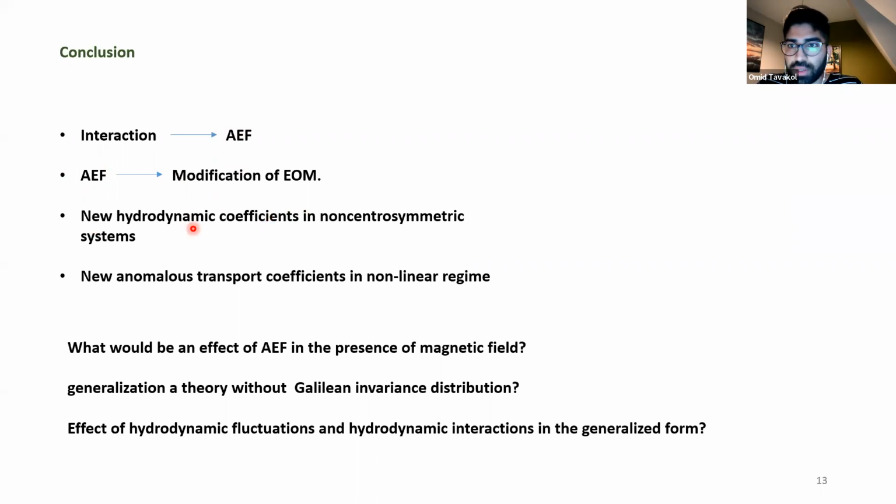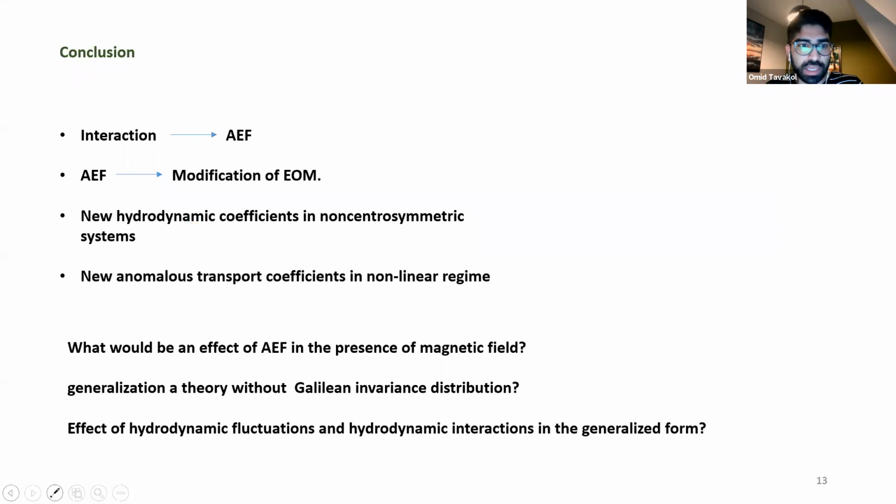But there are some questions that remain. First, for example, what would be the effect of the artificial electric field in the presence of a magnetic field? You can preserve the inversion symmetry and break the time reversal symmetry with an external magnetic field and see the contribution of these coefficients in your transport coefficients or transport conductivities, even in the linear regime.